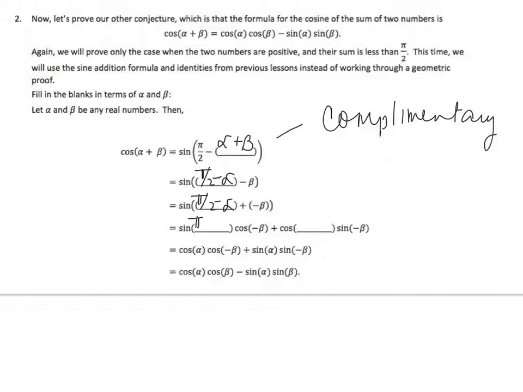So we have sine of pi over 2 minus alpha times the cosine of negative beta plus the cosine of pi over 2 minus alpha times the sine of negative beta.